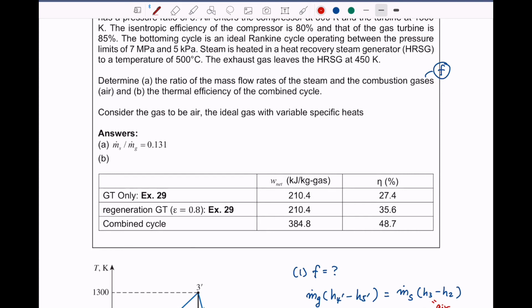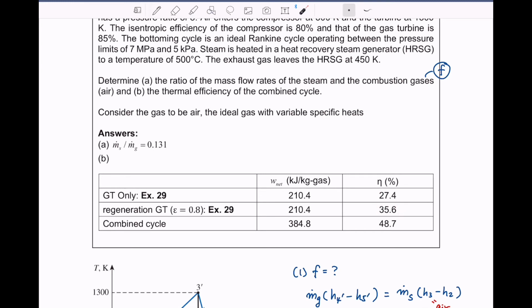And as I hope that you remember, by having a regeneration, net work does not get any benefit. So still the net work should be the same, but efficiency should go up. Okay, so now if you look at this table, we have increase of the efficiency from 27.4% to 35.6%.